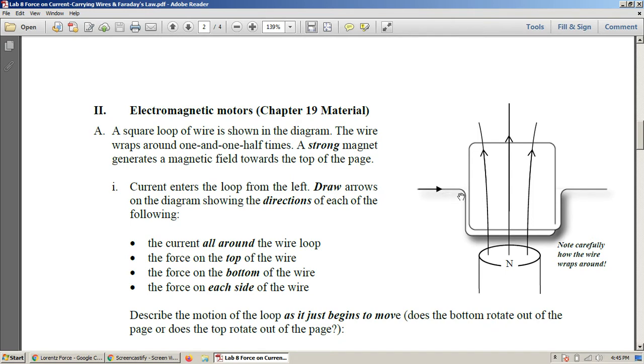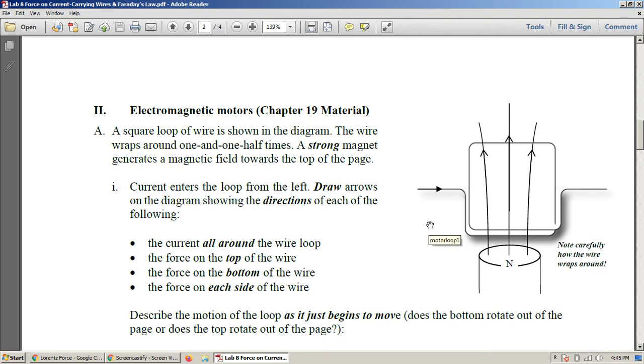And as we go around, it turns down, and then it goes up behind this other loop, goes up, and then it goes to the left, and then back down, and to the right, and out. So, again, follow the little cursor on the screen. It's going in a circle, in a loop.